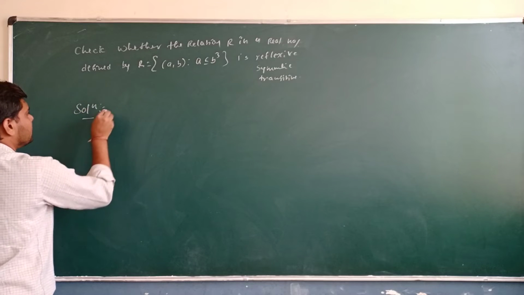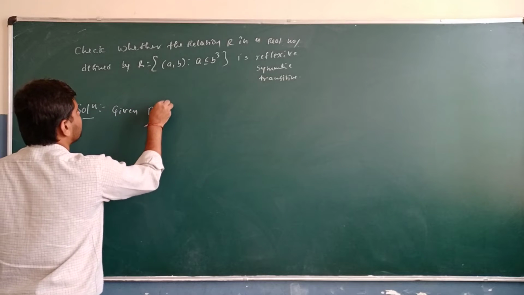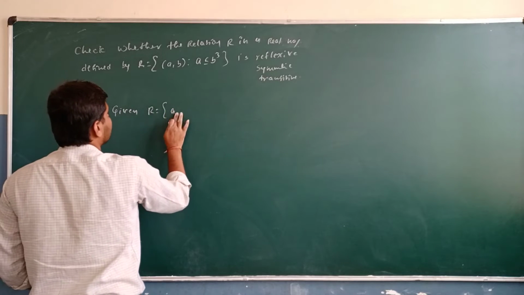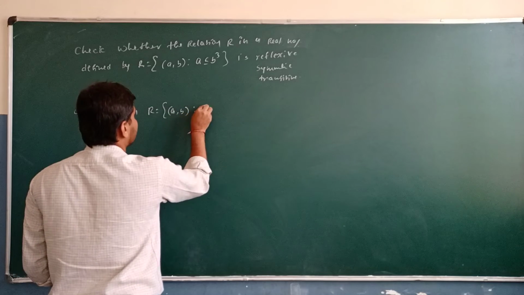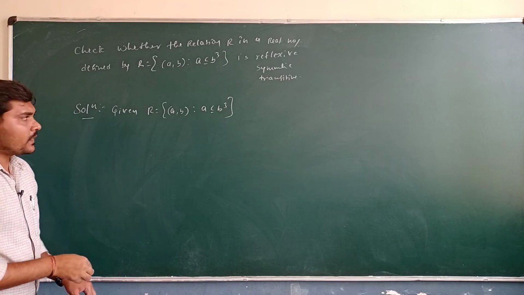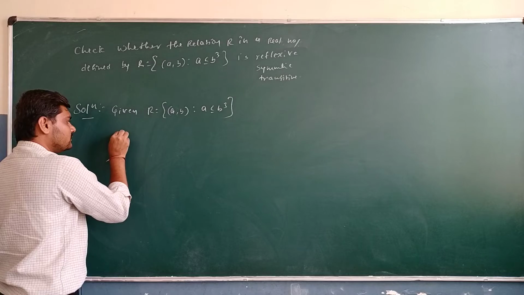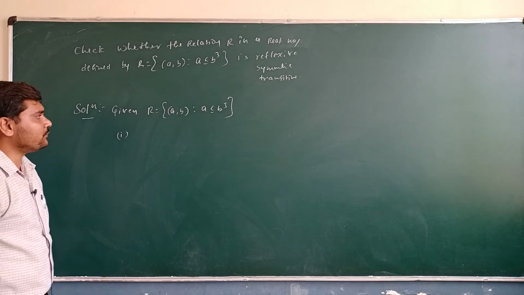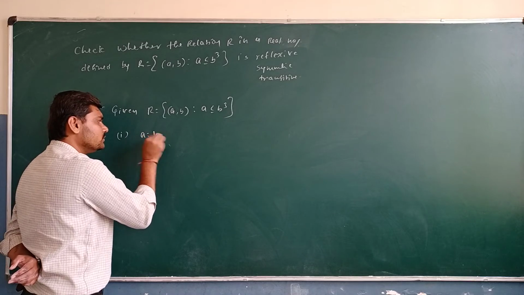So solution. Given R is equal to {(A, B) such that A less than or equal to B cube}. That's the given relation. Suppose to check it is going to be reflexive. The function is to check the reflexive here. I am taking A is equal to 1 by 2.